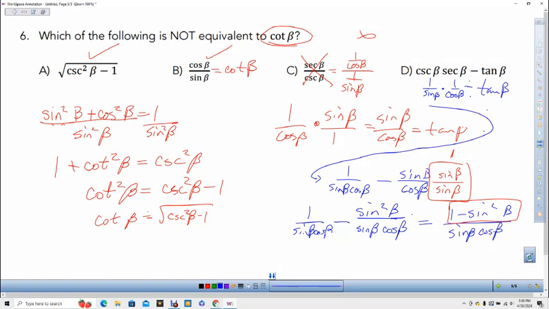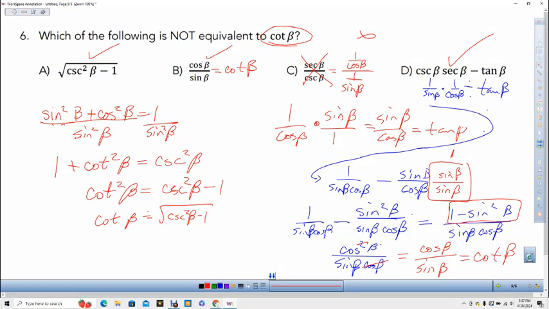So now, replacing the top with cosine squared beta over sine beta cosine beta, this cosine beta right here will cancel out with one of the ones up there. So what we end up with is cosine beta over sine beta, which is going to be cotangent beta. So that one works out as well.